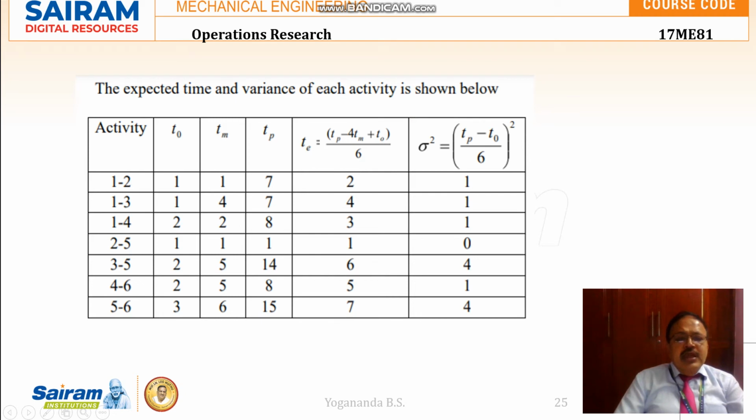So for these activities with the three time estimates given, the expected mean time will be calculated using the formula, and the variance for each of the activities is calculated here.